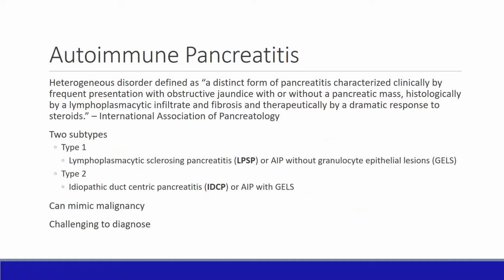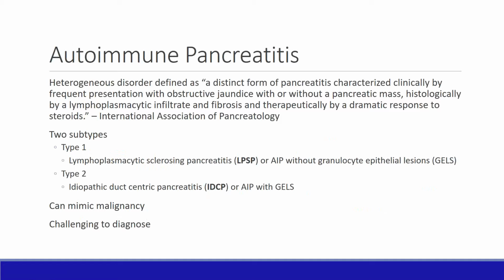So the International Association of Pancreatology defines this disease as a heterogeneous disorder characterized by obstructive jaundice, with or without pancreatic mass, histologically by lymphoplasmacytic infiltrate and fibrosis, and importantly, therapeutically by dramatic response to steroids. There are two main types of autoimmune pancreatitis: type 1, or lymphoplasmacytic sclerosing pancreatitis, LPSP, or autoimmune pancreatitis without GELs.